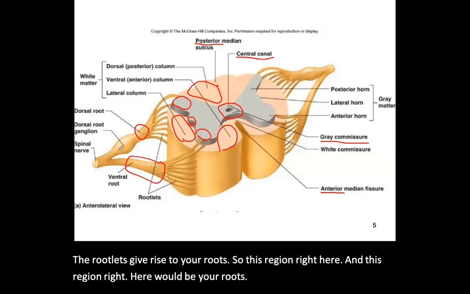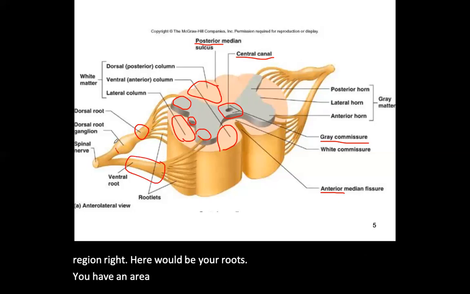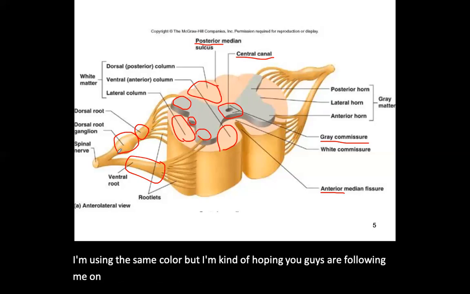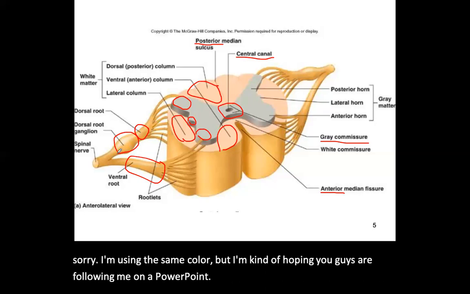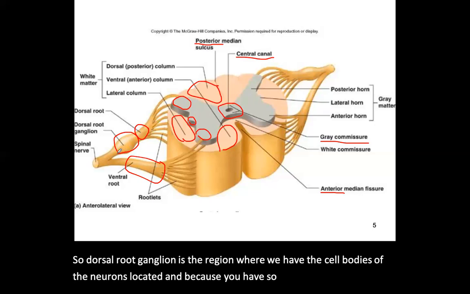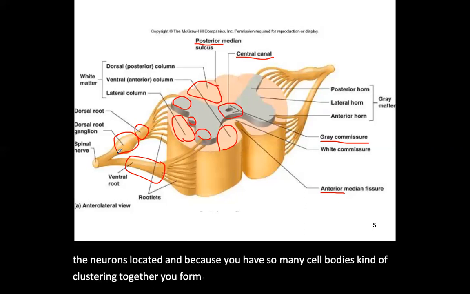You have an area called the dorsal root ganglion. Sorry, I'm using the same color, but I'm hoping you are following me on the PowerPoint. The dorsal root ganglion is the region where we have the cell bodies of the neurons located. And because so many cell bodies cluster together, they form an actual structure.